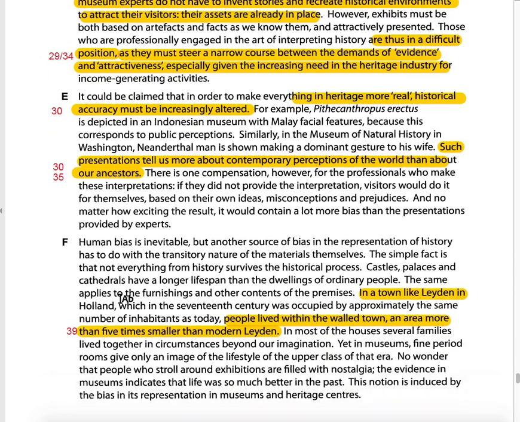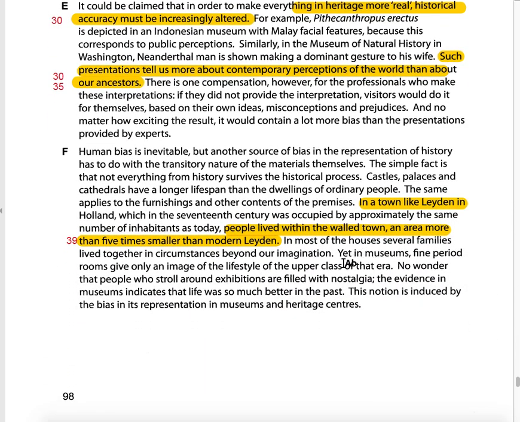Museums can give us a false impression. Let's read ahead. Most of these houses, several families live together. Circumstances beyond our imagination, yet museums, fine period rooms.